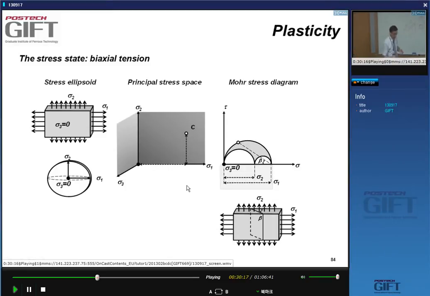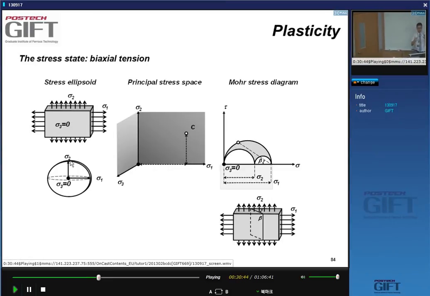Let's make it slightly more complicated. Let's make a biaxial tension situation. That means I have now a little volume element where I apply stresses in two perpendicular directions. So in this case, sigma 3 is 0. So instead of having an ellipsoid, I have a very flat ellipse.